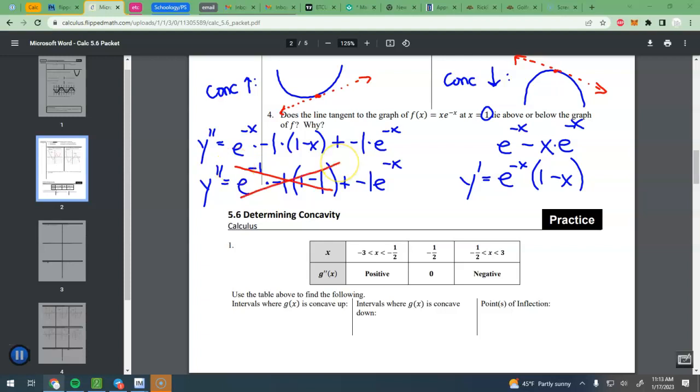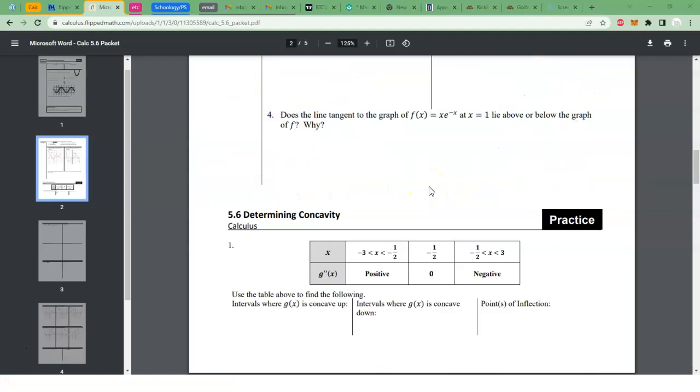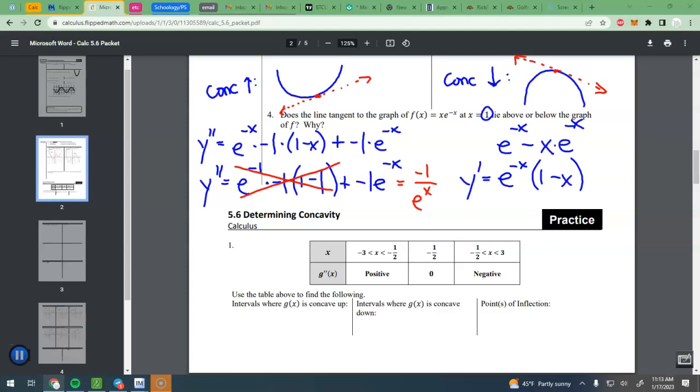All of that just goes away. And I get negative 1 over e. e is a positive number.